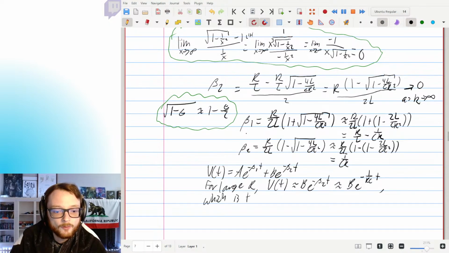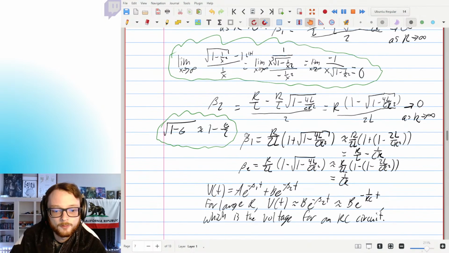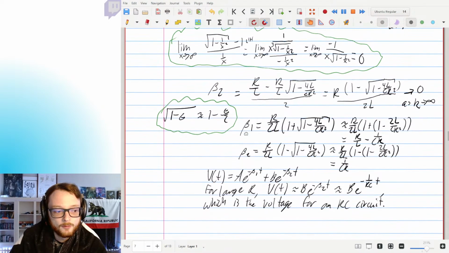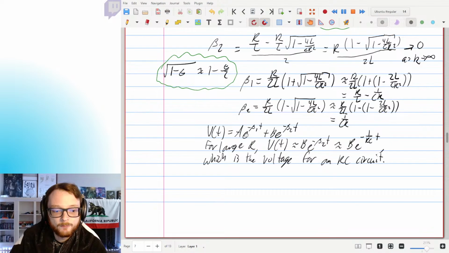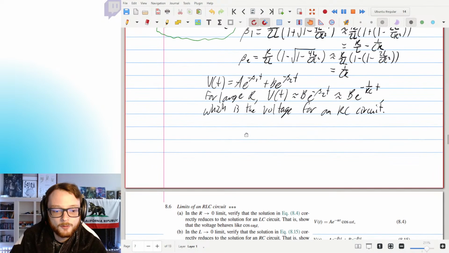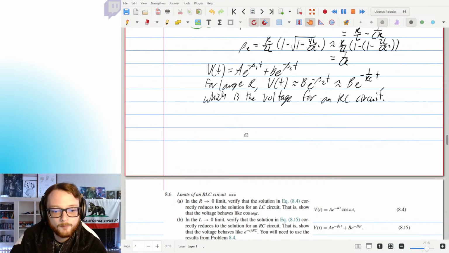Which is the voltage for an RC circuit. The inductor doesn't matter because it doesn't have much current to work with in the first place, more or less. It's not going to have much of an influence in the circuit. That's what they're saying. Okay.